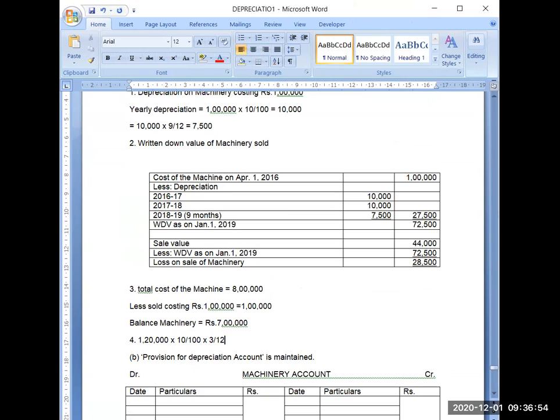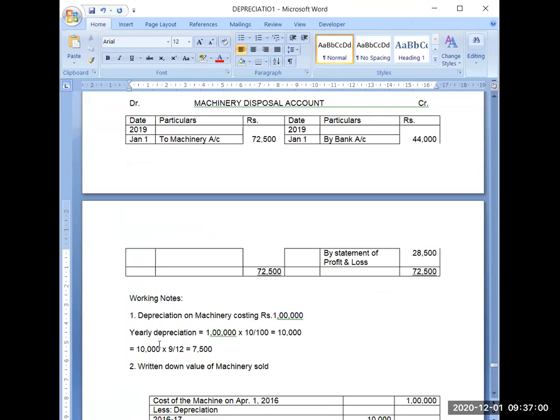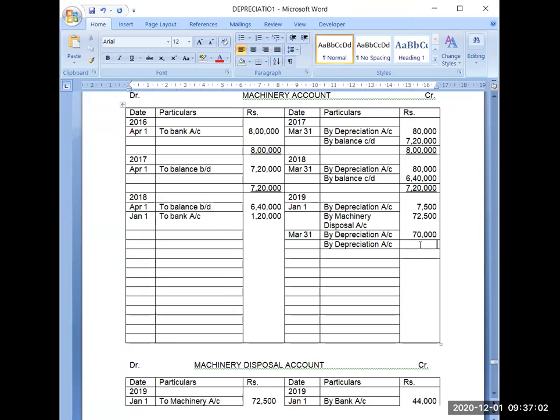So it will be 12,000 and it will be 3,000. So now we have calculated the total depreciation. We can calculate the balances now.